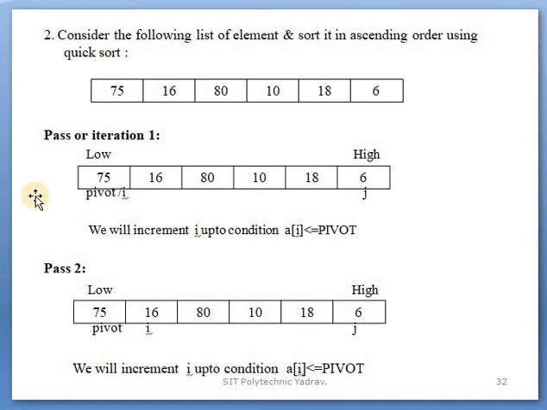After that, the i and j pointers are initialized, i as the starting and j as the ending. Then i is incremented up to the condition a[i] less than or equal to pivot, and j is decremented one by one whenever a[j] is greater than pivot. When i is less than j and the i increment and j decrement both stop, the values at the i and j pointers are swapped.